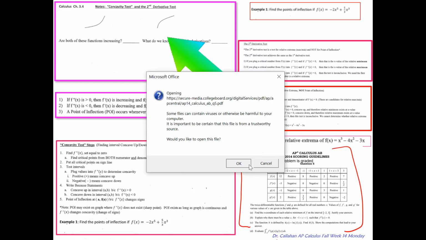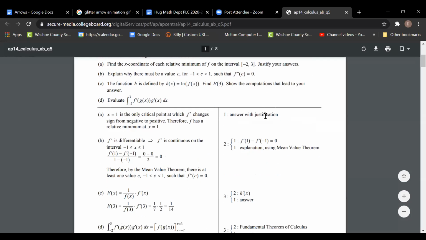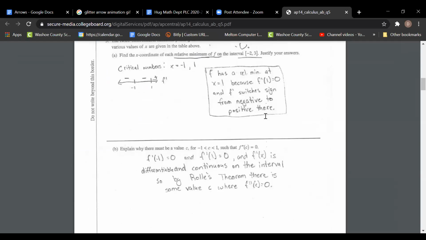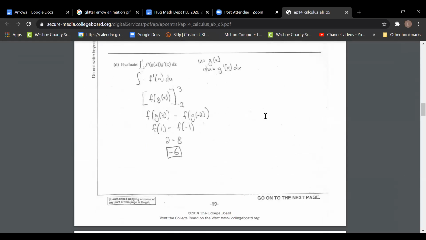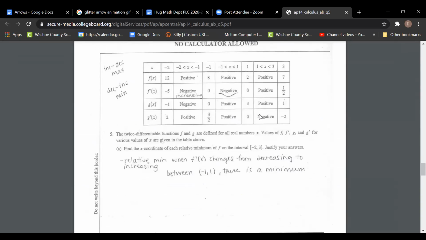So if I click on here, you'll be able to see that as well. Just like last time when I showed you one, this is how it is graded. So go ahead and take a look at the steps of how your peers will be able to answer this question.